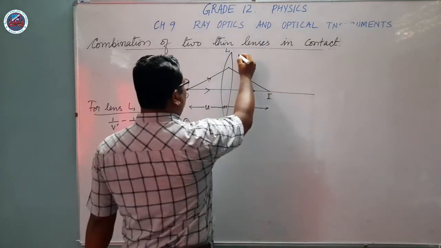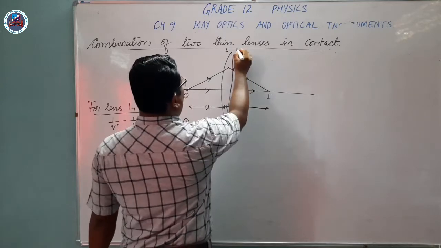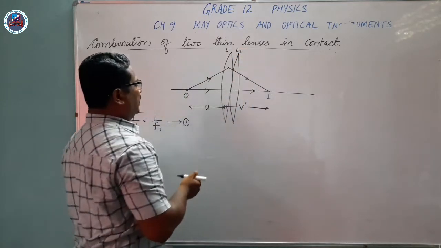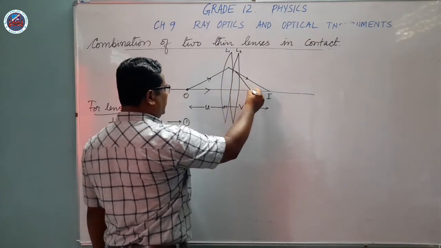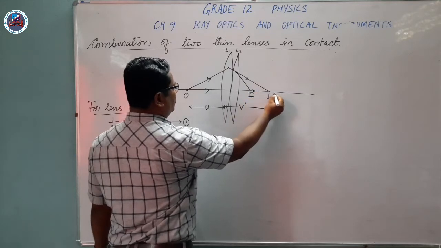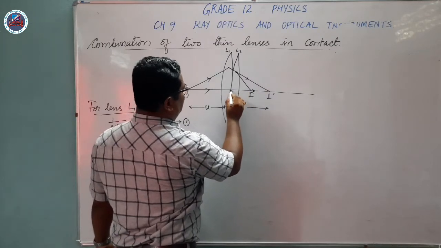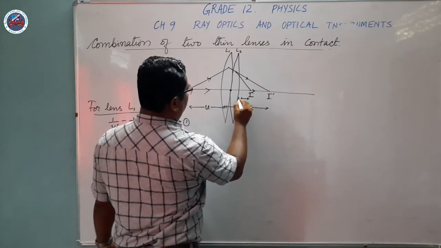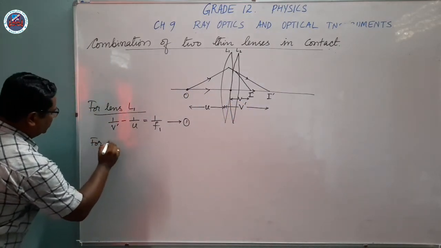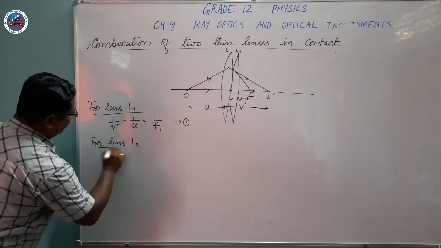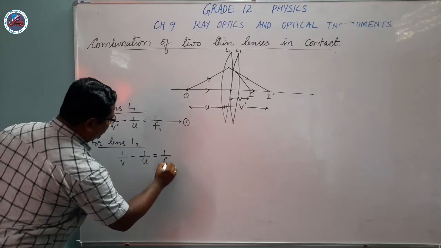Now if I bring another lens in contact with it, another thin lens with focal length f2, lens is suppose L2, then this ray after coming here again will converge and will get the final image here. So the earlier one I read I dash, and now it will become I. So if this distance, we will take it as the final image V. So if I take the second lens L2, then again I will use 1 by V minus 1 by U equal to 1 by focal length F2.